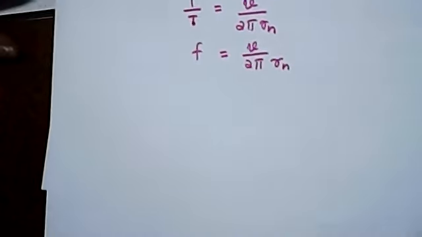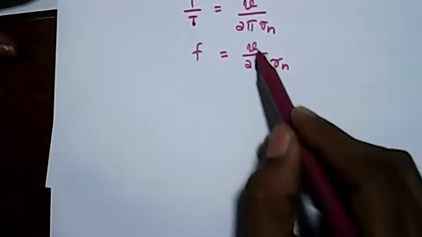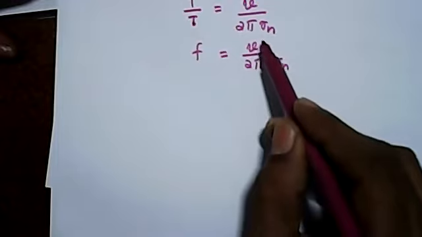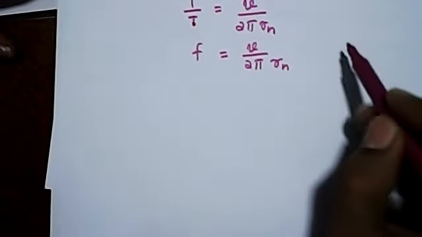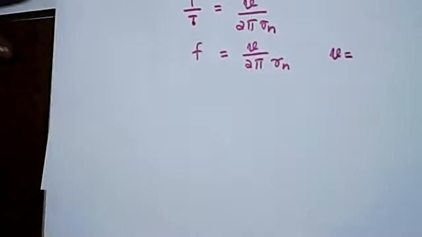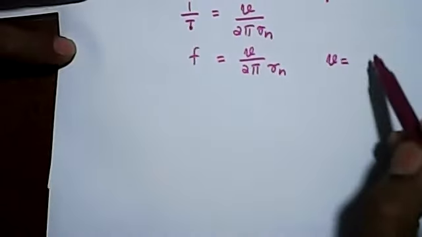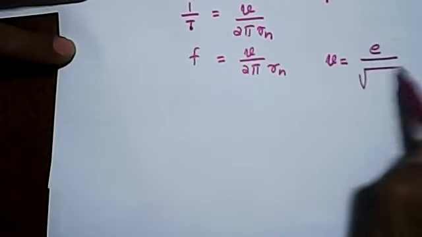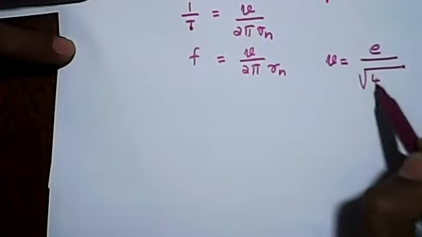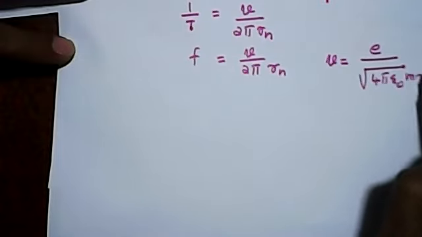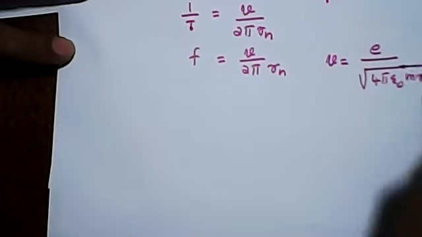Now substitute for this v the expression for v which we found earlier: v equal to e divided by root of 4 pi epsilon 0 m Rn.